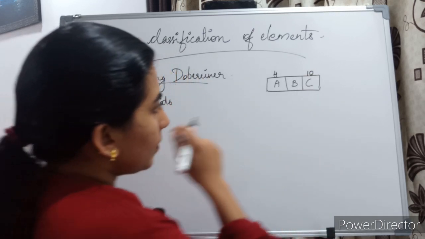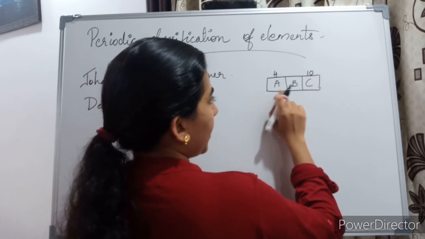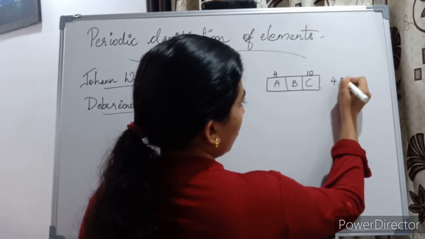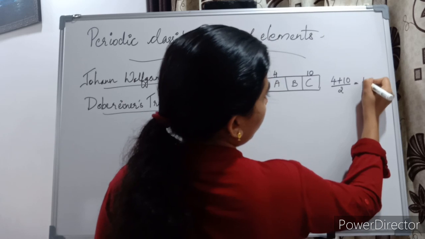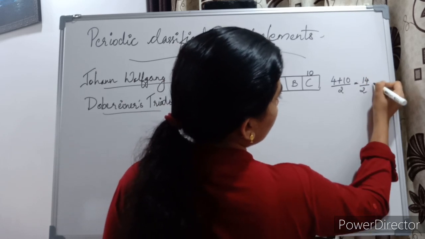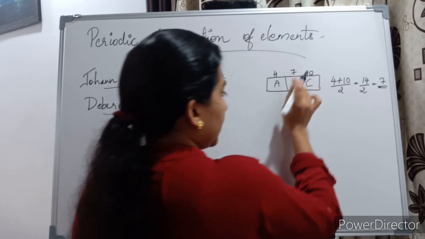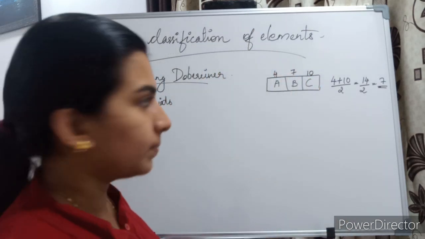Dobereiner said that the average of these two, that is 4 plus 10 by 2, 14 by 2, equals 7. So the mass number of B should be 7.